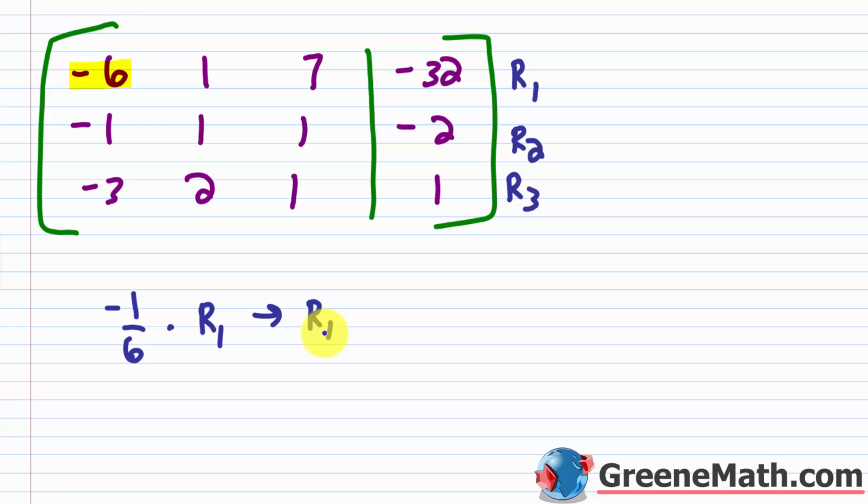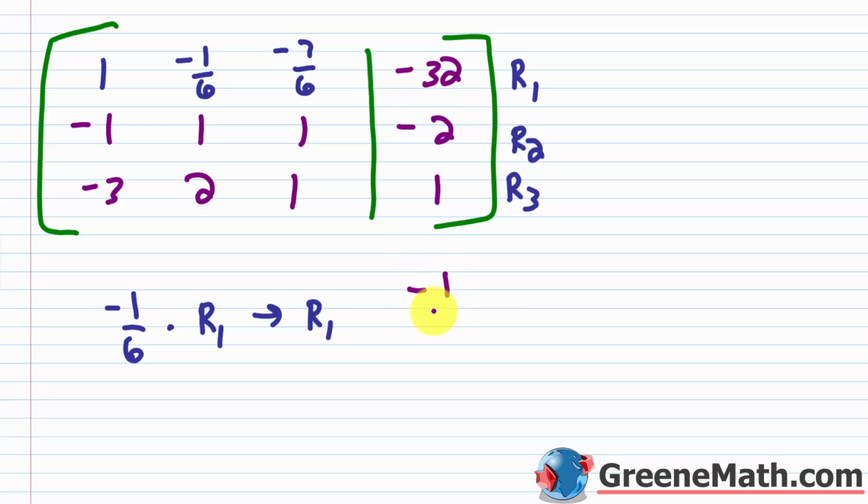Okay. So if I do that, -1/6 times -6 is going to be +1. -1/6 times 1 is going to be -1/6. Then -1/6 times 7 is -7/6. And then -1/6 times -32, let's do that off to the side.